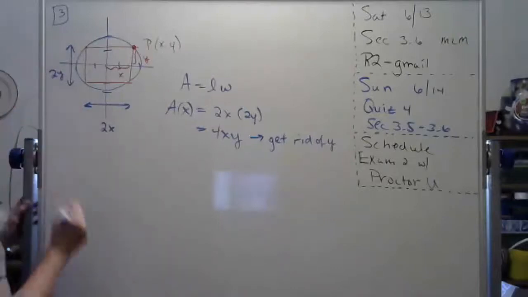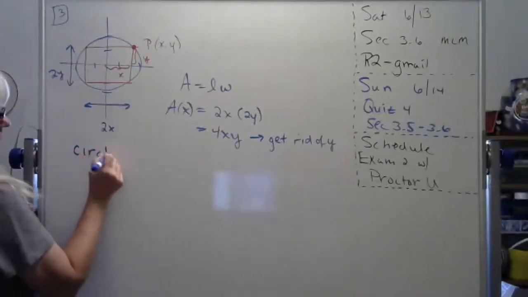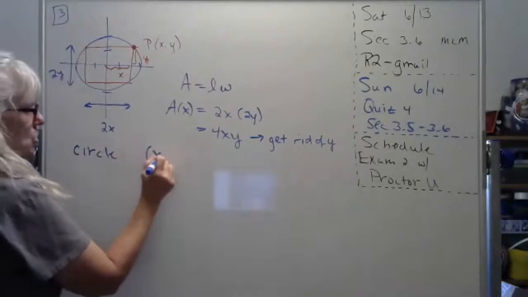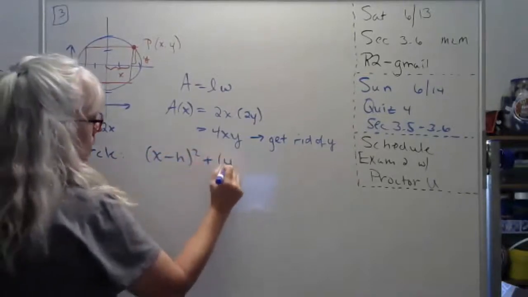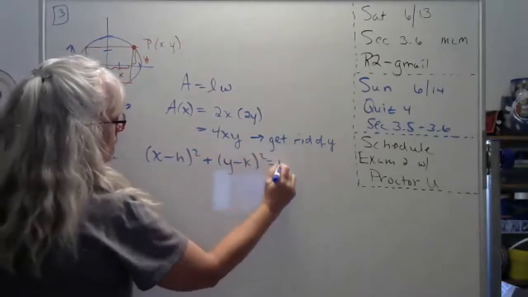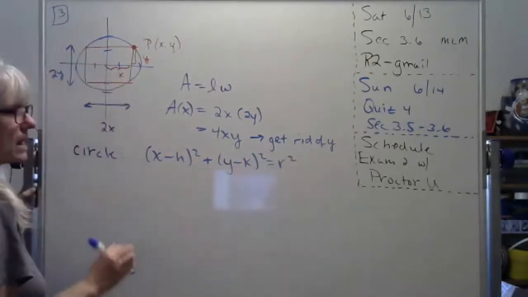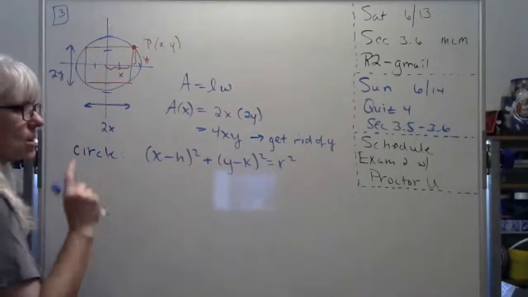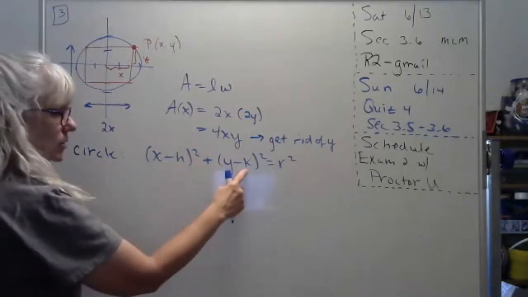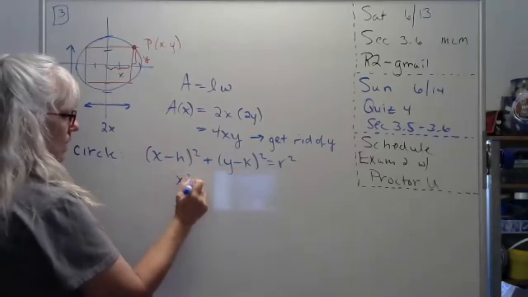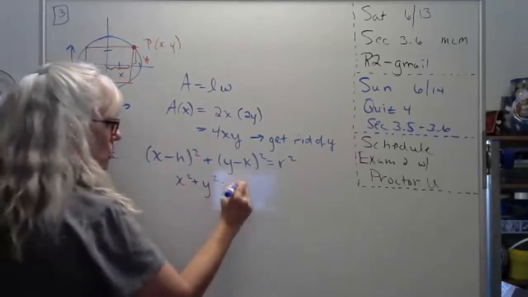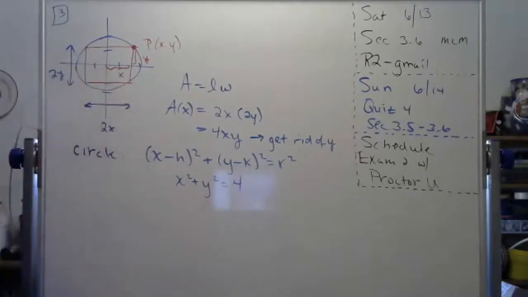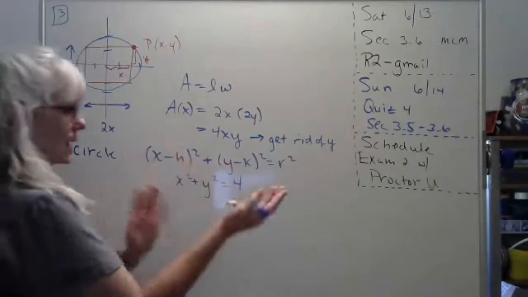What we do know is that we have a circle, and we know from our previous chapter that the equation of the circle is (x minus h) squared plus (y minus k) squared is equal to r squared. Because this one is centered at the origin, the h and the k are zeros. So what we have is x squared plus y squared, and they already told me the radius was 2, and 2 squared is 4. So they didn't give me a second equation, but they gave me a means to write that second equation.